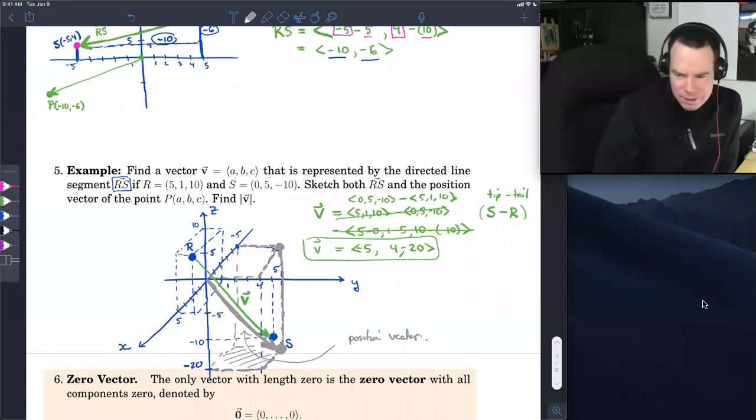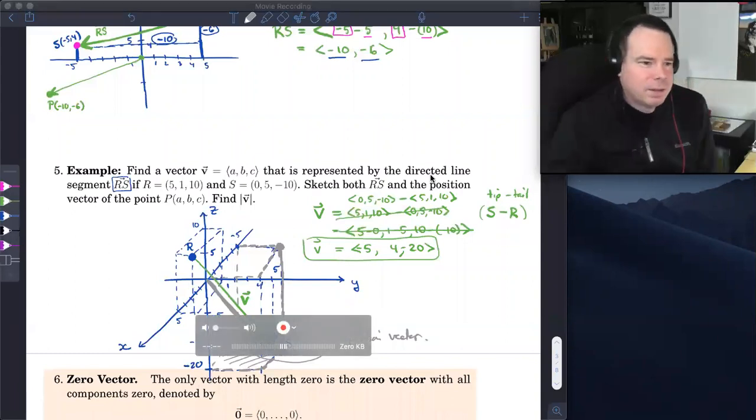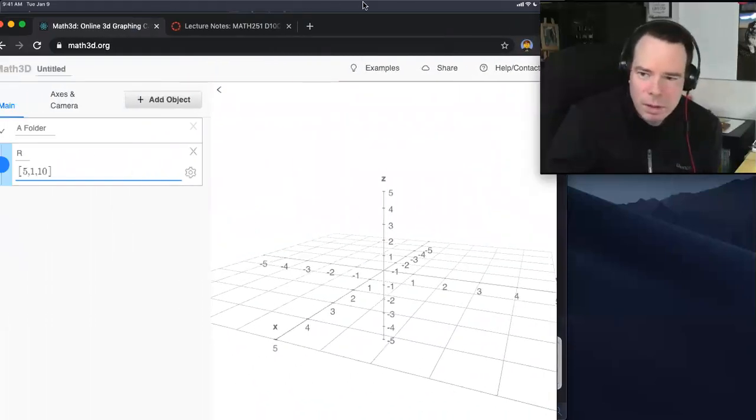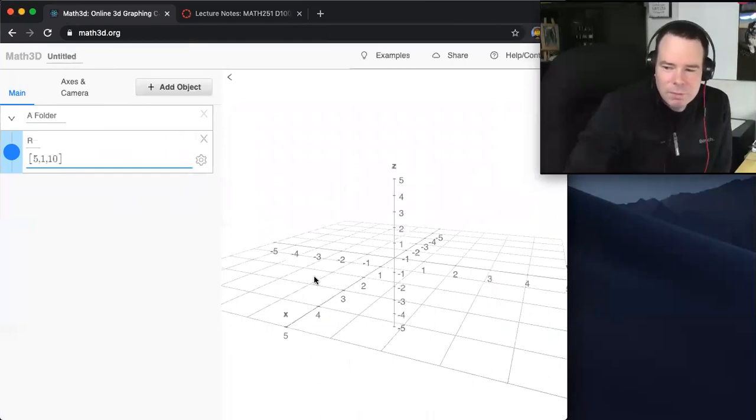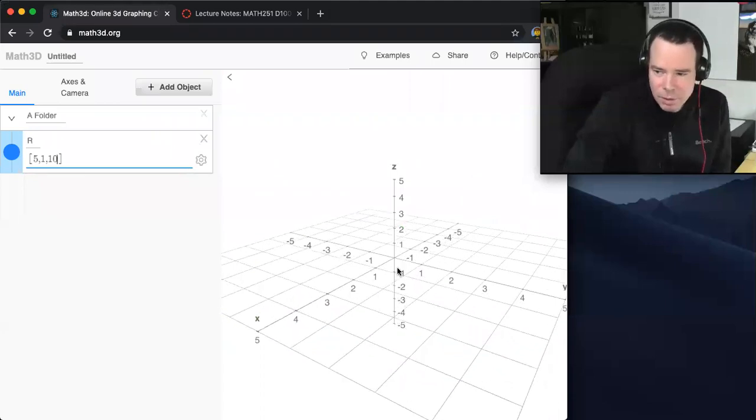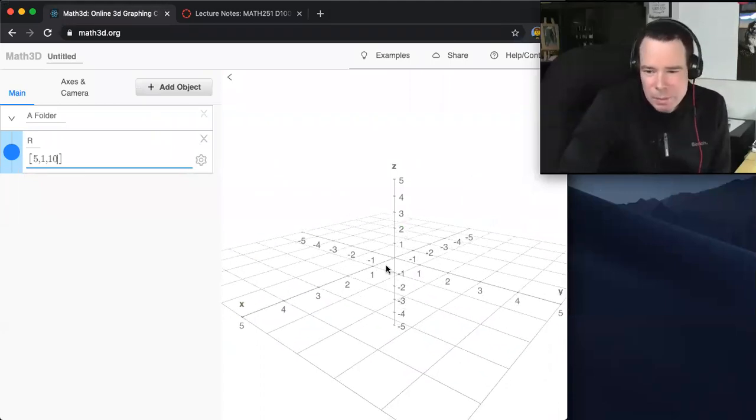And you look at the picture like I've drawn, and you may or may not believe that they look parallel. That's the benefit of going with a graphing utility: once we plot them on here, we can see that they are indeed parallel, or at least the plotting utility allows us to believe they are.